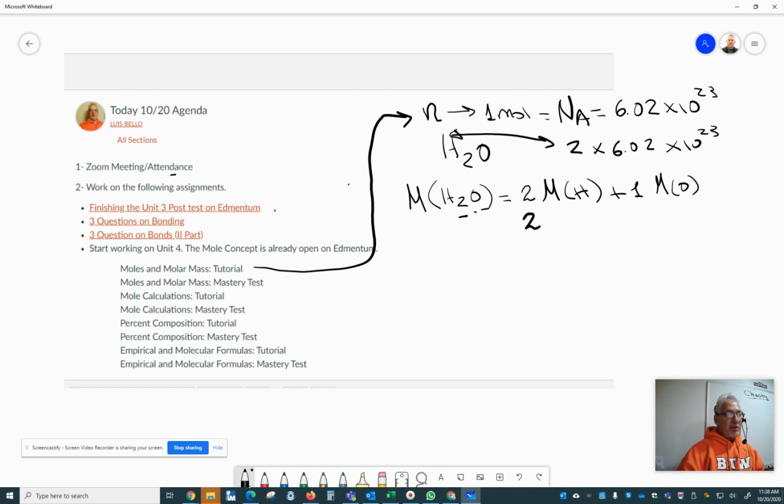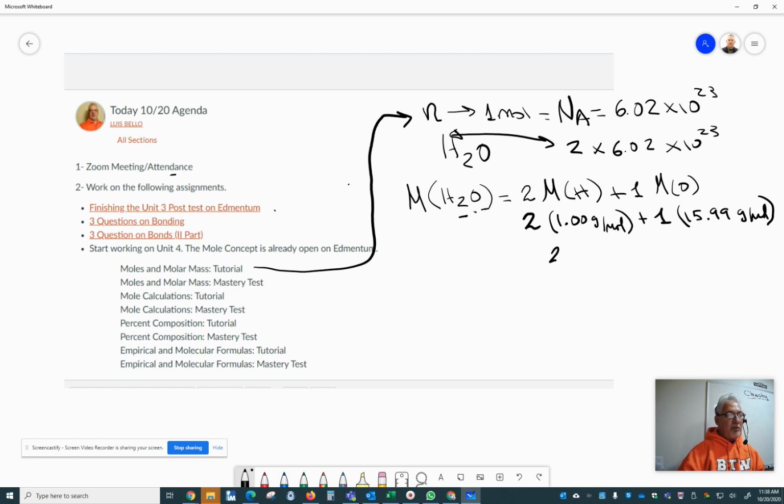That will be 2 times 1.00 gram over mole. That will be the atomic mass listed on the periodic table. And this one will be 1 times 15.99 gram over mole. Why 1? Because I only have 1 atom of oxygen in 1 mole of atom.